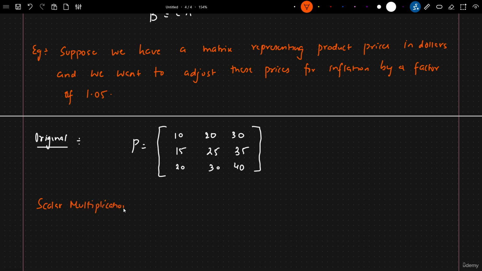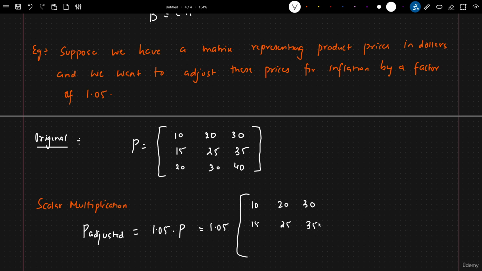Now in this scalar multiplication, I'll just go ahead and write P adjusted is equal to 1.05 multiplied by P, right? So it is nothing but 1.05 multiplied by 10, 20, 30, 15, 25, 35, and then we have 20, 30 and 40.